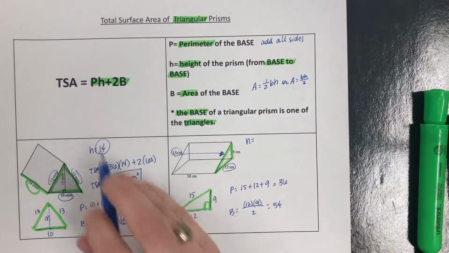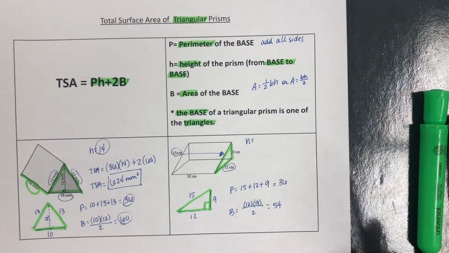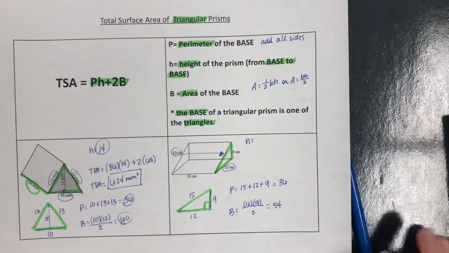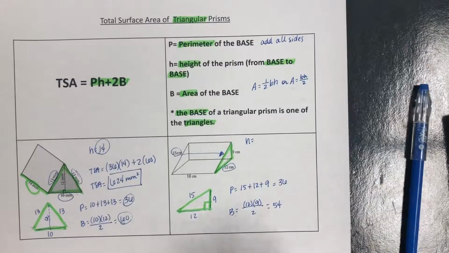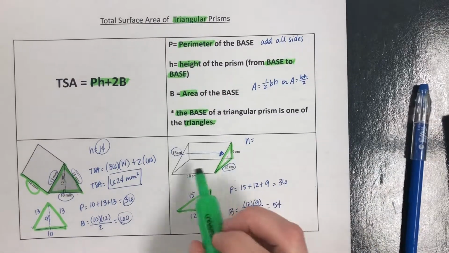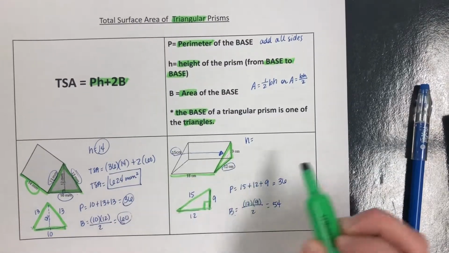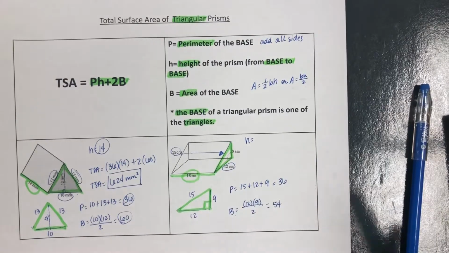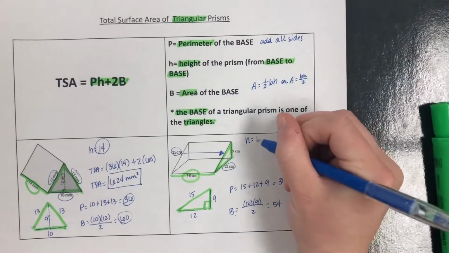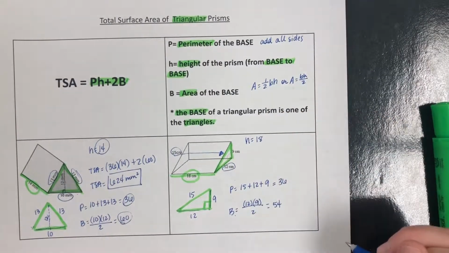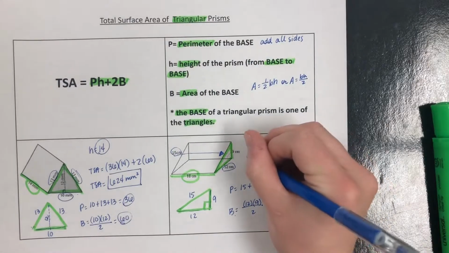Then finally, our last piece, H, the height of the prism. Keep in mind that this is from base to base, so from triangle to triangle, how tall is it, or how far away are they? So in this case, that would be 18. Okay, so now we plug it in.